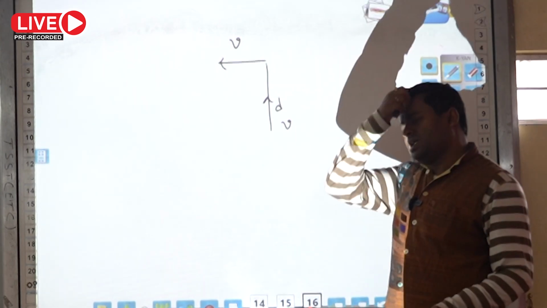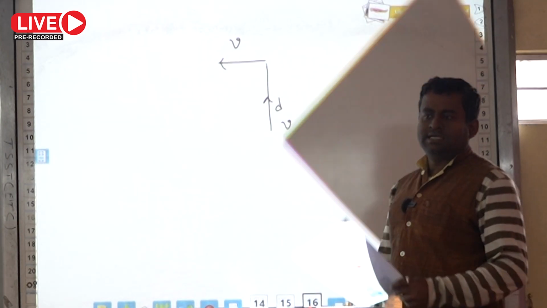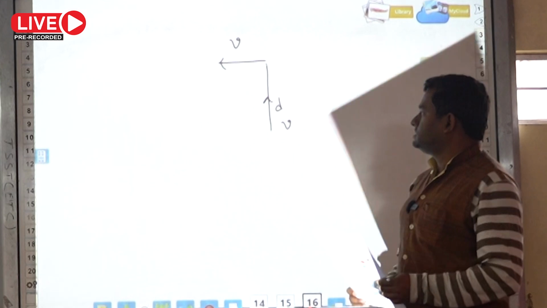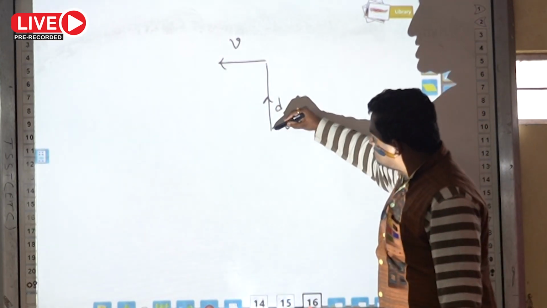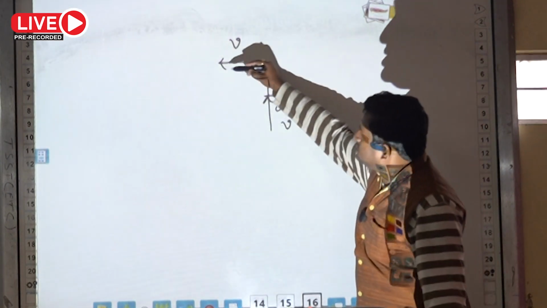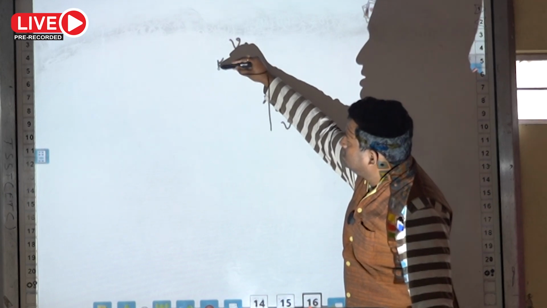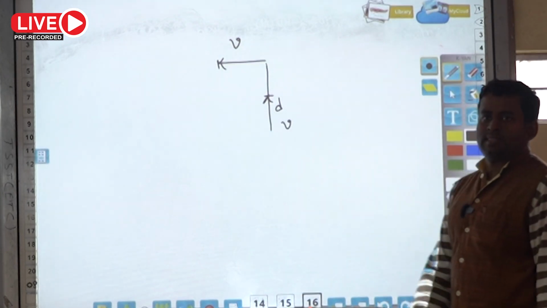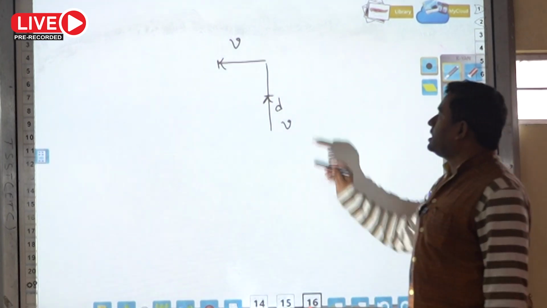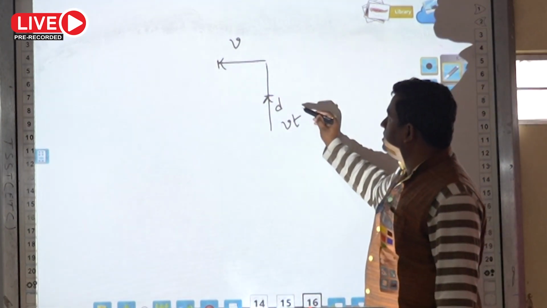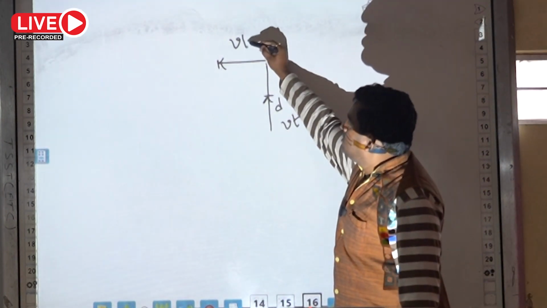Now let us consider after time t, the distance between them is something. After time t, this ship reaches here and this ship reaches here. So after time t, this distance should be vt, this distance should be vt.